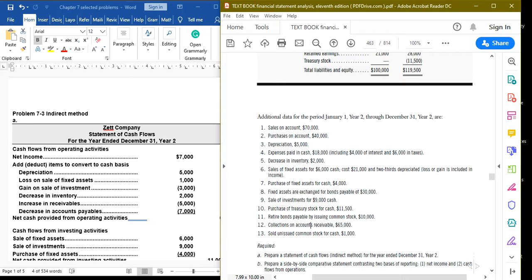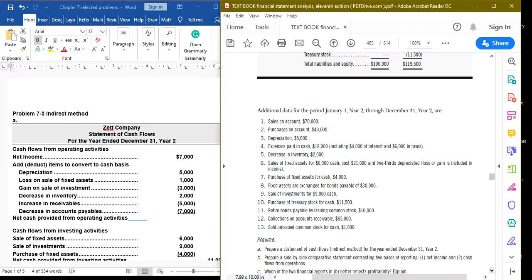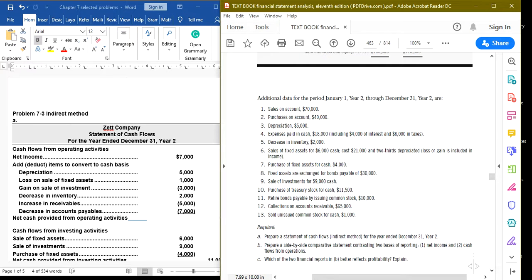Sold and issued common stock for $1,000 cash. Now, what's required? The requirement is to prepare a statement of cash flow using the indirect method, okay, for the year ended December, the end of the second year.